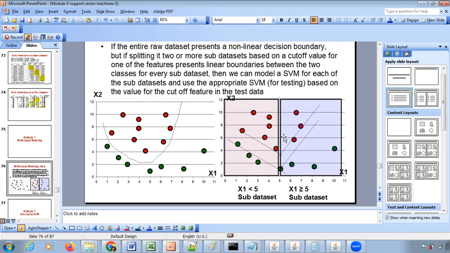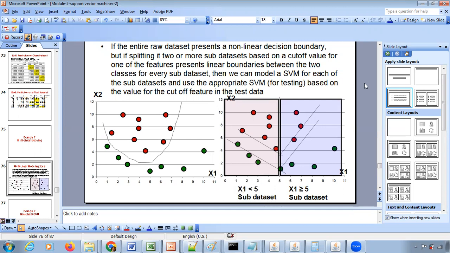And for the testing, the test data point will belong to one of these 2 data sets, depending on what the x1 value of the test data point is. If it has an x1 value less than 5, you use this classifier to classify the test data point to either red class or green class. If it is greater than or equal to 5, use this classifier to classify to either the red class or green class.